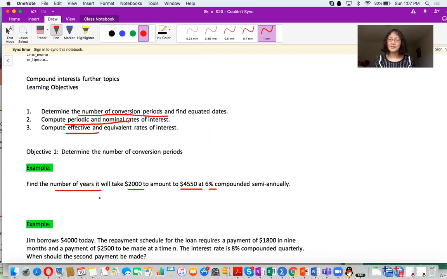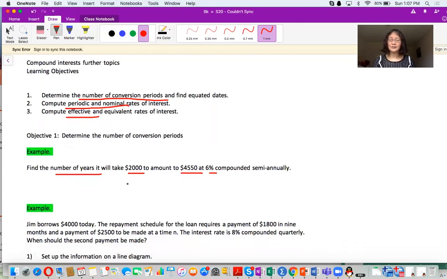So first, we identify this $2,000 is the PV, present value, and the $4,550 is the future value, FV. And interest is 6% compounded semi-annually. So i equal to 6% divided by 2. i is 3%. i is the periodic interest rate.